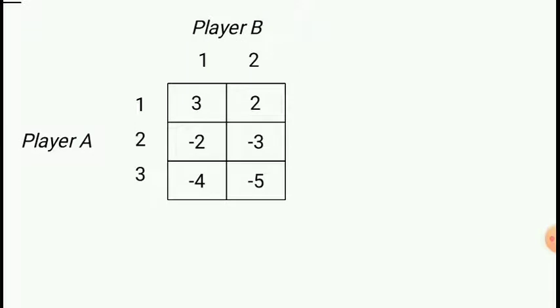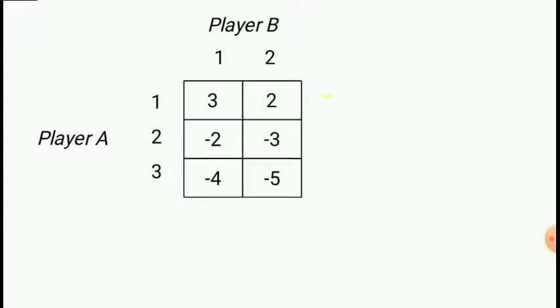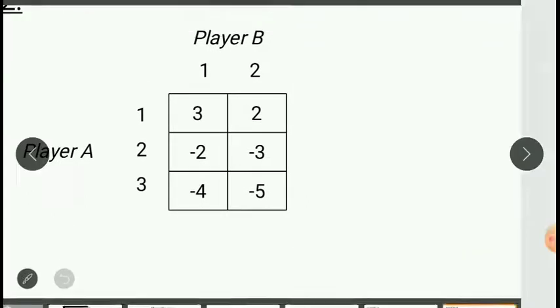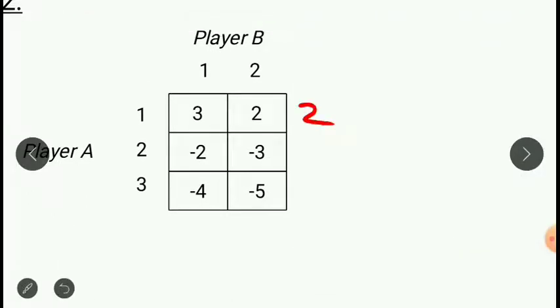So row minimum and column maximum. Now row minimum, here 2 is the minimum value in the first row. In the second row, -3 is the minimum value. In the third row, -5 is the minimum value. In the columns, the maximum value in the first column is 3, second column maximum value is 2.